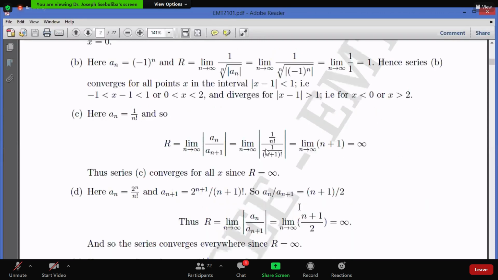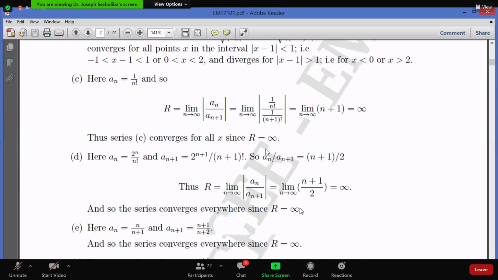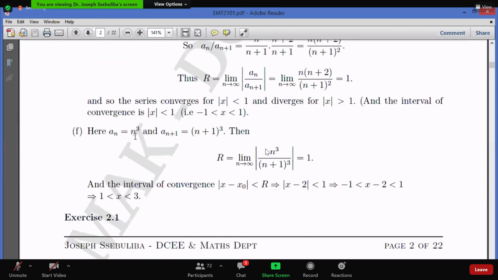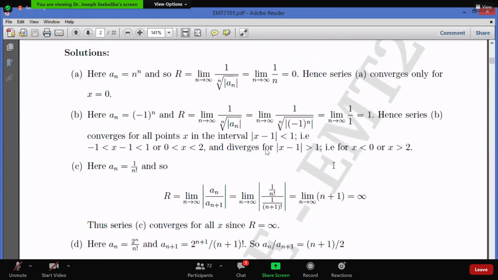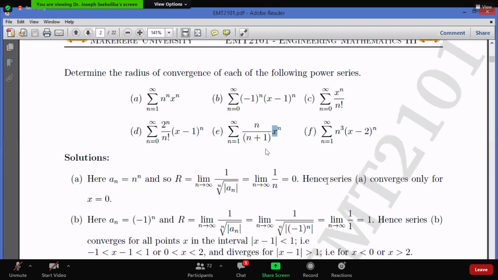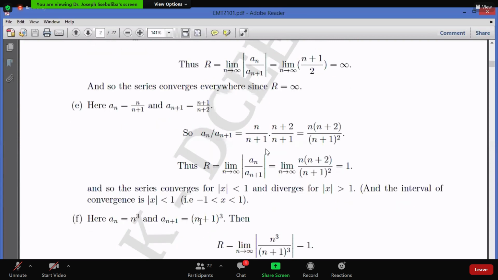Okay, so if you consider f, you have an, which is n to the 3. And then n plus 1 would be n plus 1 cubed.